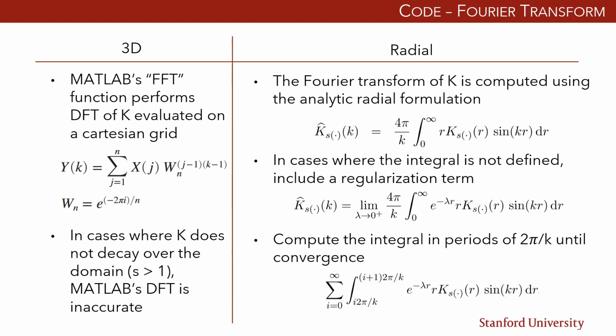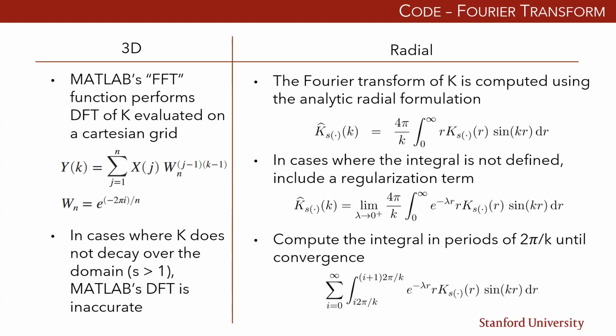To do that, we looked at a different way to do this Fourier transform more manually, using the radial definition of the Fourier transform, which is shown here. Still here you have the problem where if k is not decreasing, this integral is not going to be defined. And so to handle that, we include this regularization term, e to the negative lambda r.